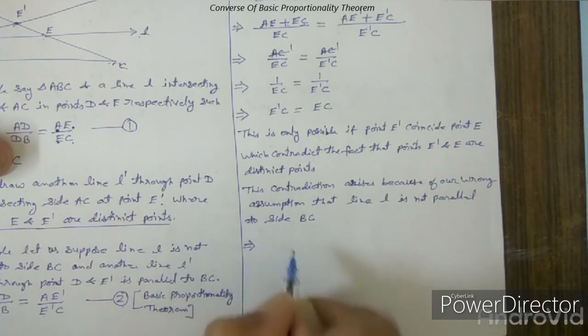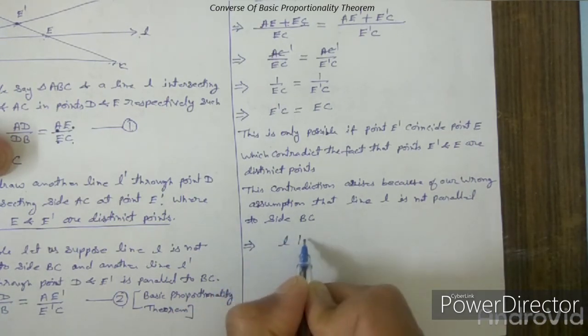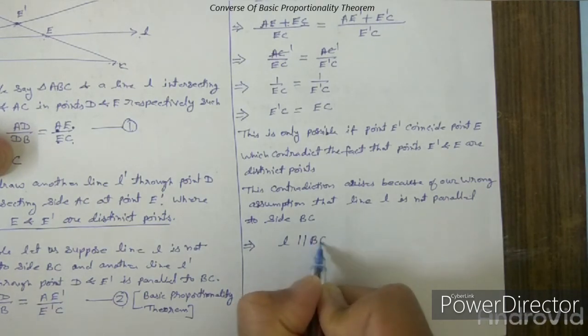This gives that line L must be parallel to side BC.